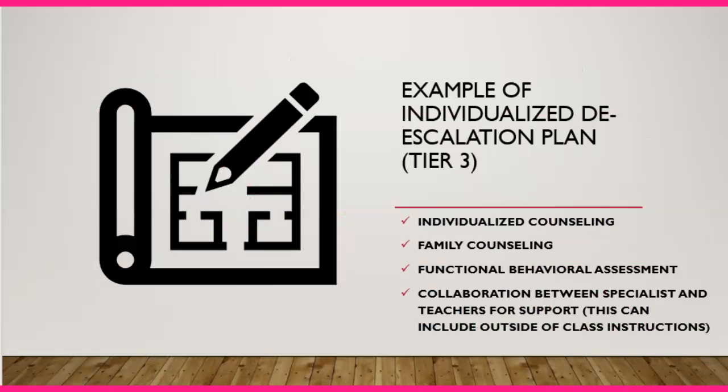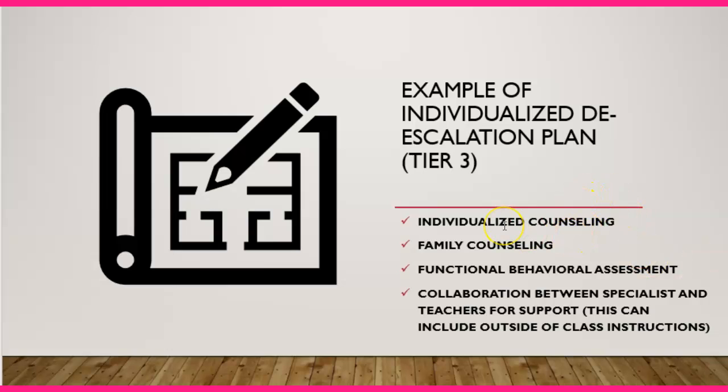Examples of the individualized de-escalation plan, Tier 3. I actually found a template that I did not get a chance to post, but it is very, very guiding. So I recommend it if you need an actual example of an individualized de-escalation plan.